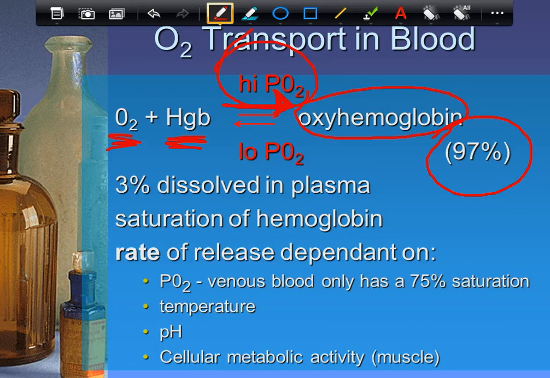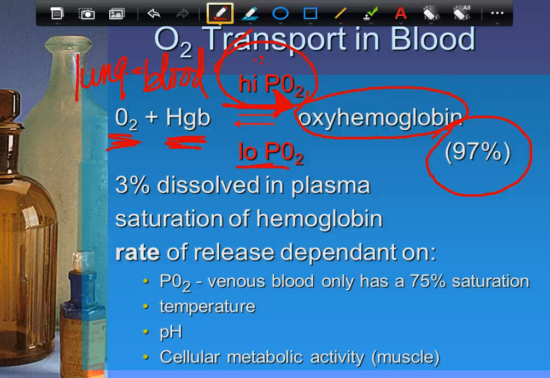And the key factor driving it? High PO2. So remember, this is at the lung-blood area. That's where your PO2 is going to be the highest. So this represents the respiratory membrane up here. Okay, now that oxyhemoglobin is carried around in the body, and we get over now to the tissues, where the PO2 is going to be lower because the tissues are always using oxygen.